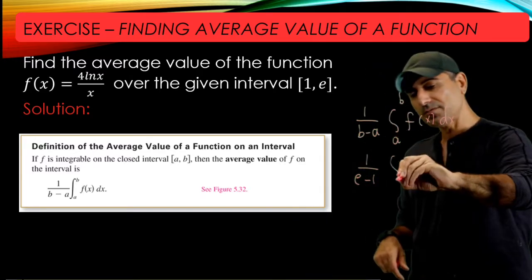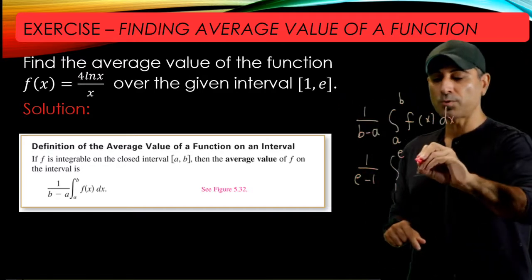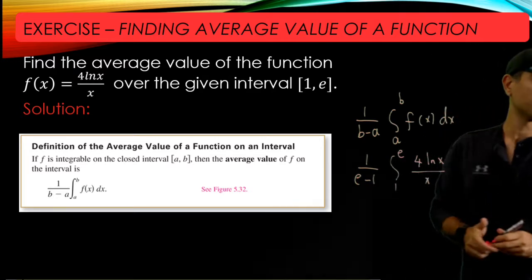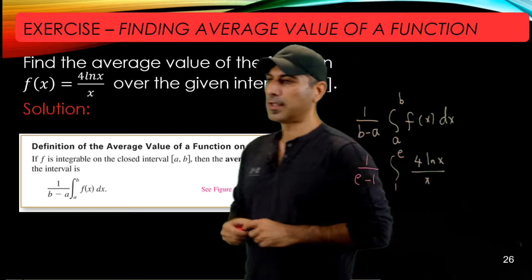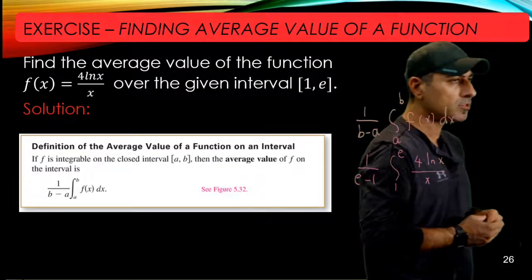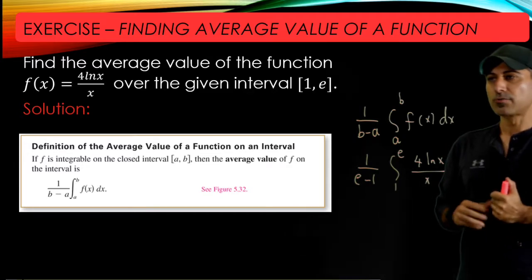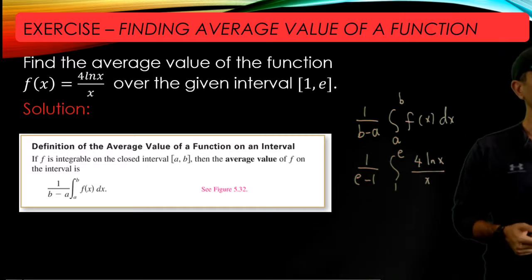And the limits of the integral would be 1 and e, and the function provided to us is 4 ln x divided by x. Also, I want to make a point that the average value of a function comes out of the mean value theorem for integration. Towards the end of the video, I'm going to show you a graphical outlook of what it means to have the average value. And here we go.